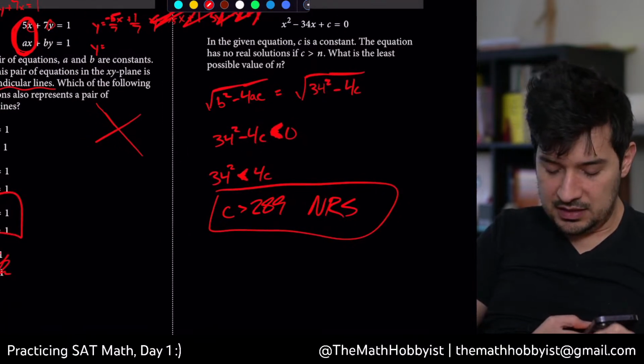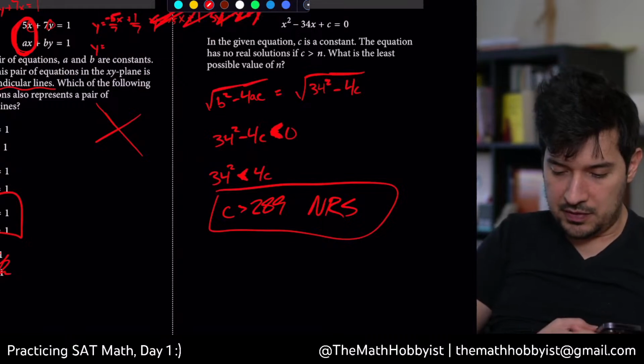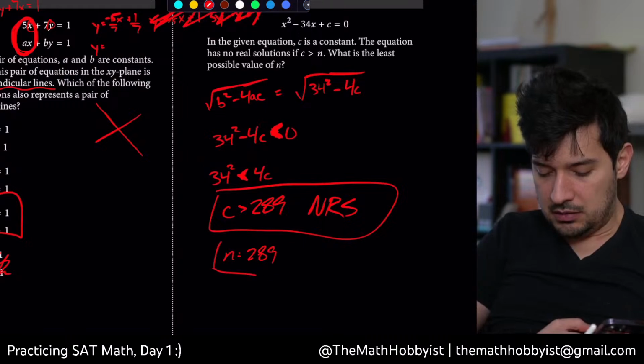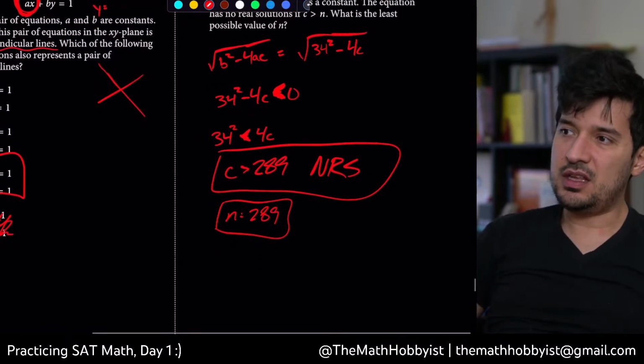What is the least possible value of n? I think n equals 289. I think that's it. Yeah.